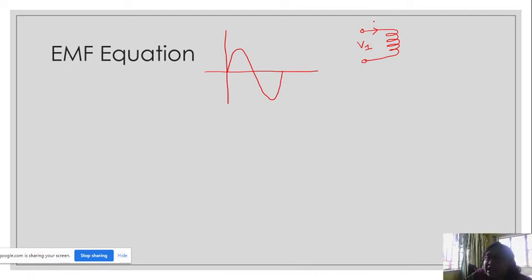Now what will this current do? This current will produce the flux. We know if there is a current flowing through a conductor, it will always produce a magnetic flux. So naturally a magnetic flux will appear due to this current.